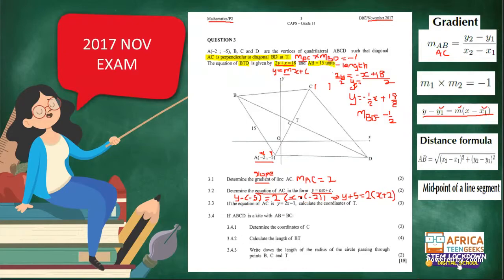Okay, so now that you have your equation, they say you should write it in terms of y equals mx plus c. So firstly, you need to multiply your 2 with your x, your 2 with the other 2, and then you solve for y. So what do you guys think is going to be the answer?